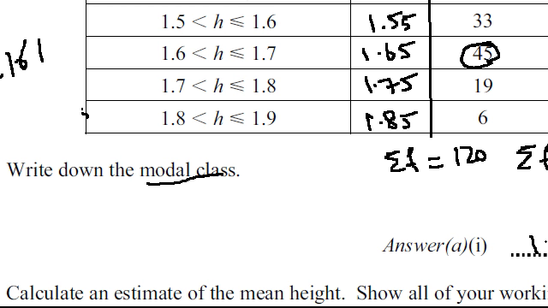In the same way, we get all these x values. Now multiply f with x, and you will get all these values for f x. Summation f x is 194, summation f is 120. Now simply divide summation f x by summation f to get 1.61. So this is the mean height of 120 girls.